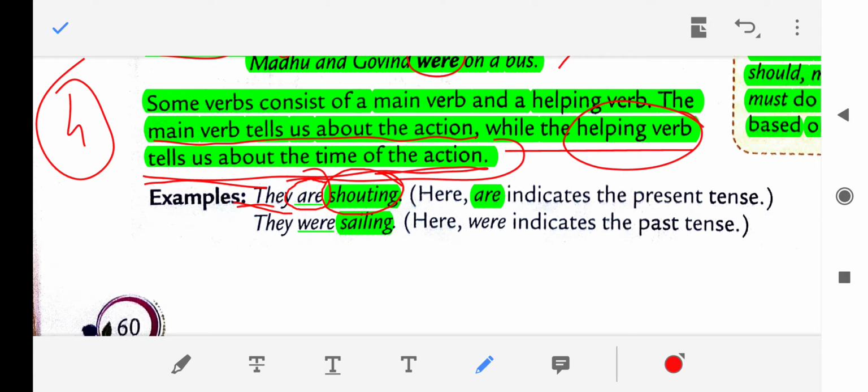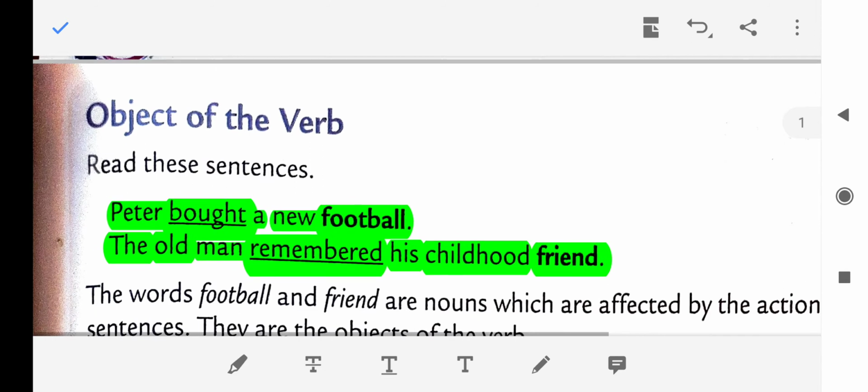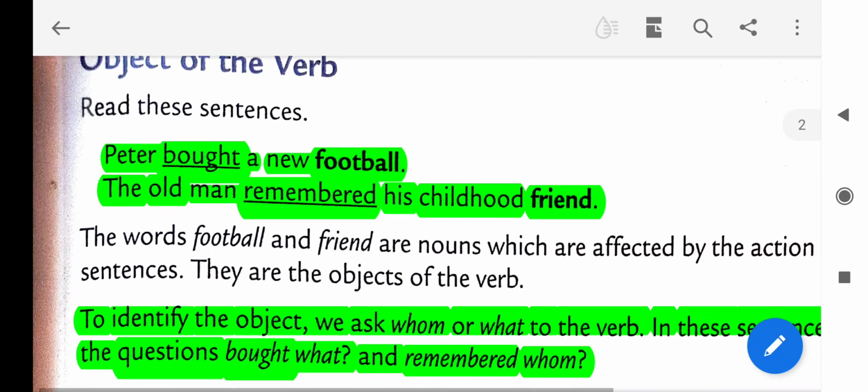Are indicates the present tense. So are is indicating the time when the action is happening. So the main verb tells us about the action, while the helping verb tells us about the time of the action.